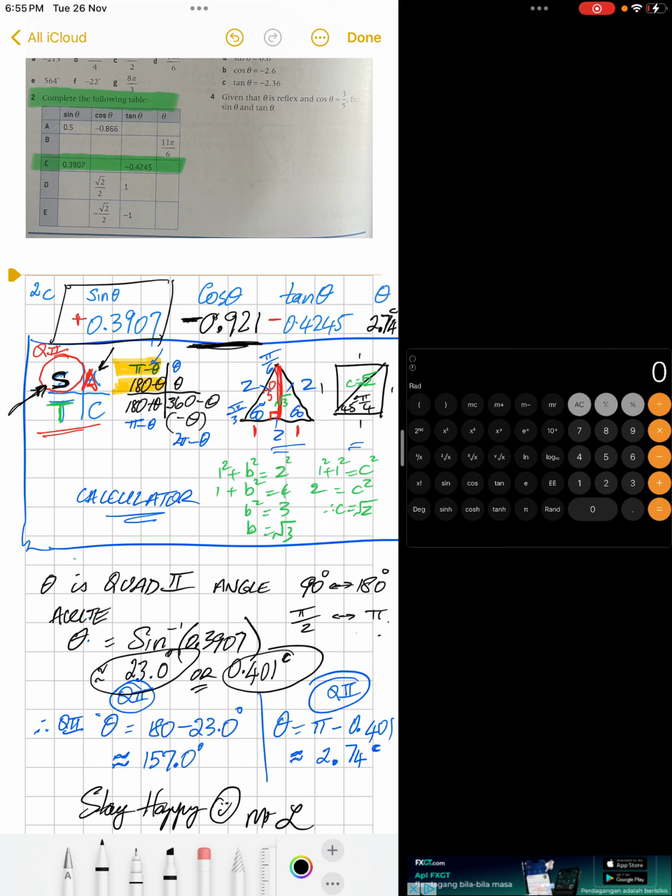And if you want tan of 0.401, you'd get a different number, but anyway, they've already locked that in, so I'm not going to worry about that. That's just an error somehow, because that doesn't match. And that's why we said 2.74 radians, because we used pi minus theta, and we had pi minus 0.401.